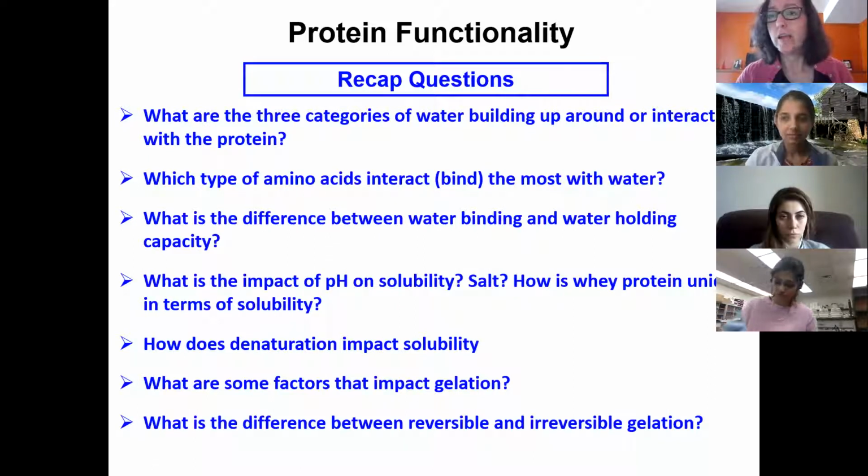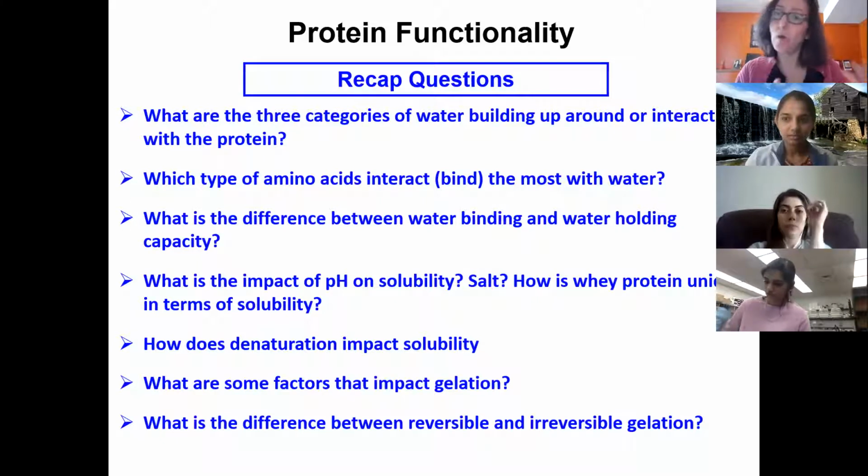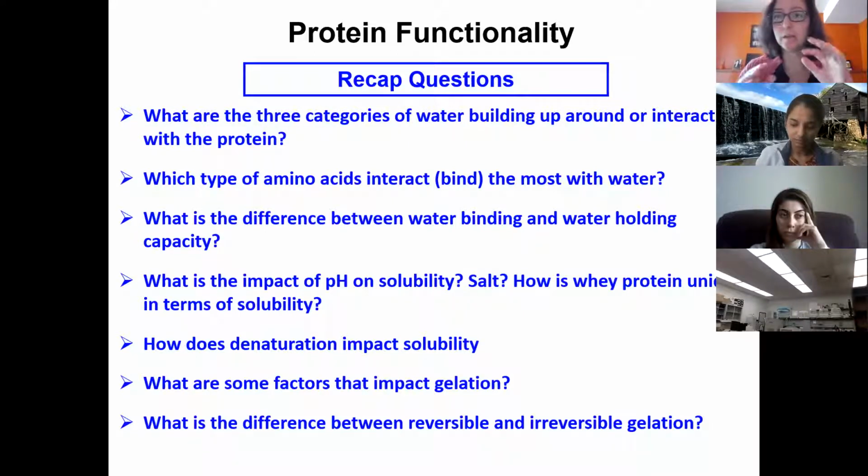You have water obviously in the system, but it doesn't form a gel matrix. So the gluten forms a viscoelastic matrix. That's a different structure or texture than a gel. So viscoelasticity is really different than gel formation.